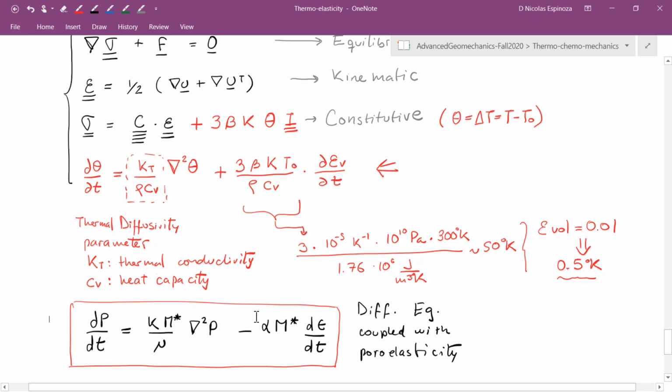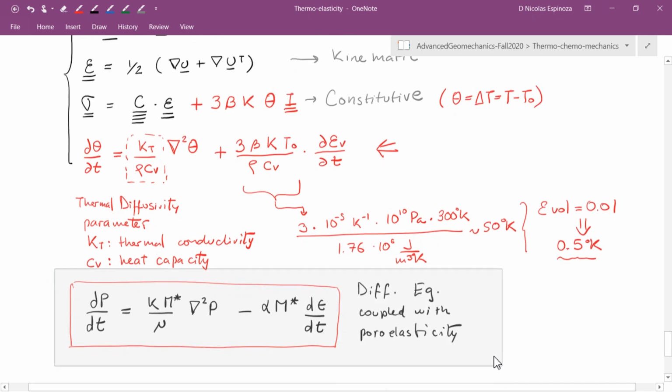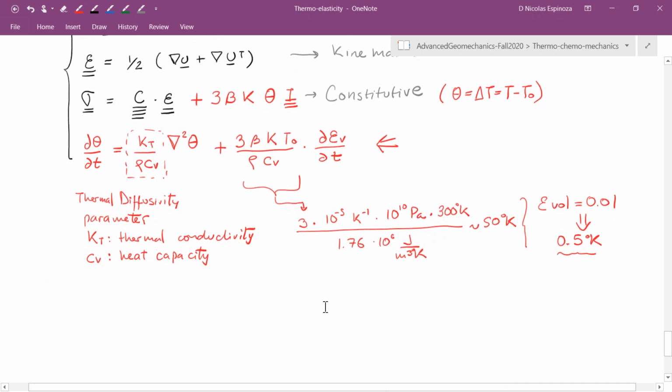And we have the coupling term, which in poroelasticity, most times it cannot be neglected, but in thermoelasticity, sometimes we could neglect that if we have small strains and small strain rates. So in that case, we could neglect that term. But notice how similar they are. The next step is going to be to solve temperature and pore pressure and solve a problem of thermo-poro-elasticity. And this is the next topic.